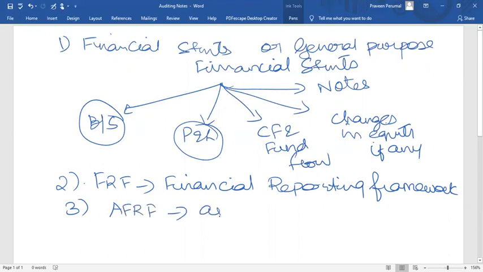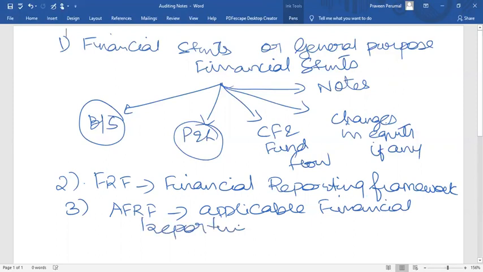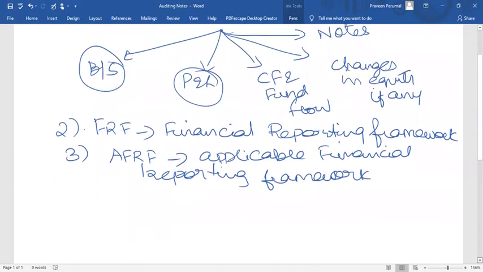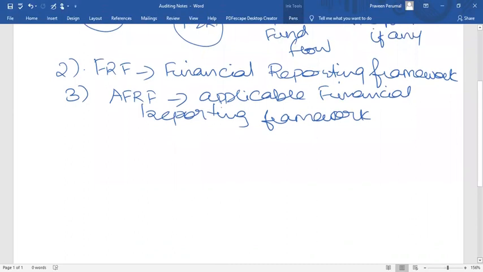What is AFRF? Applicable Financial Reporting Framework. So the things you will see are FRF, the Financial Reporting Framework, or AFRF, the Applicable Financial Reporting Framework.